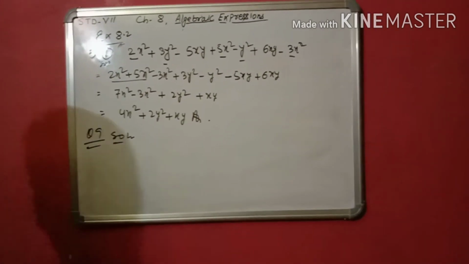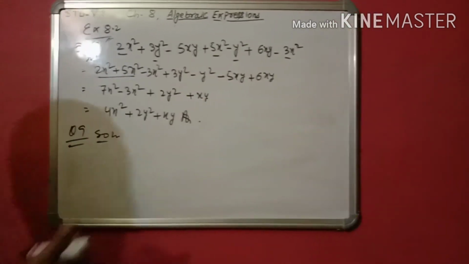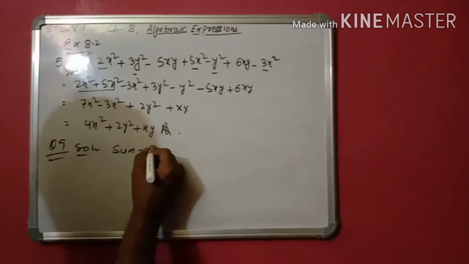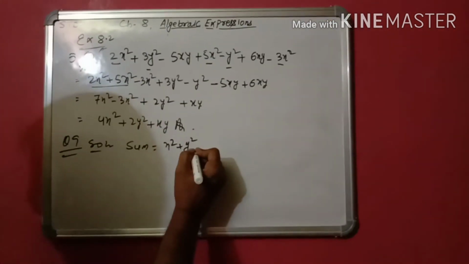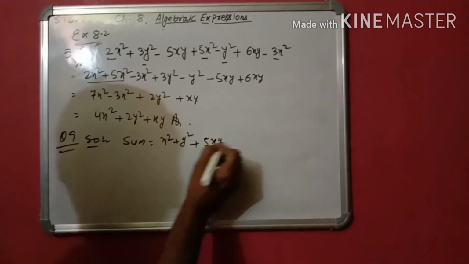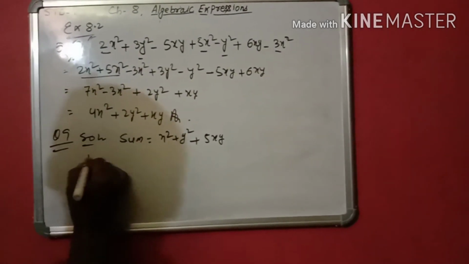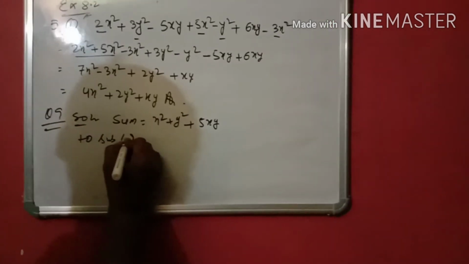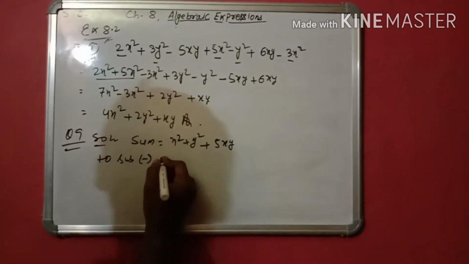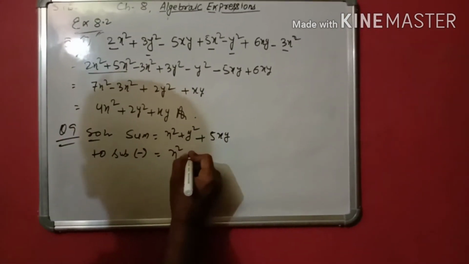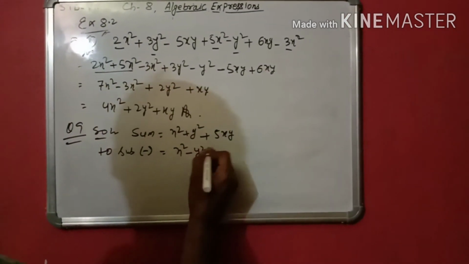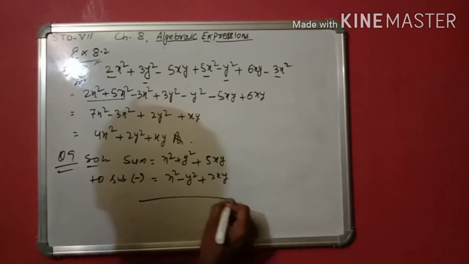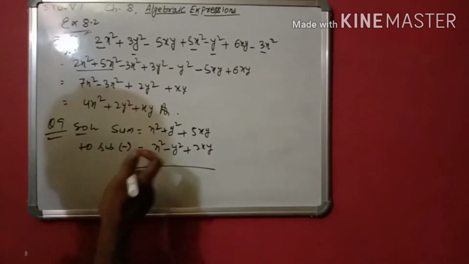Now, according to the question, the sum is given, what sum is equal to x square plus y square plus 5xy, and to subtract x square minus y square plus 2xy. See, so I can just change the sign.